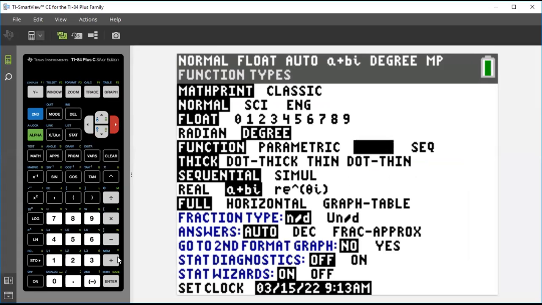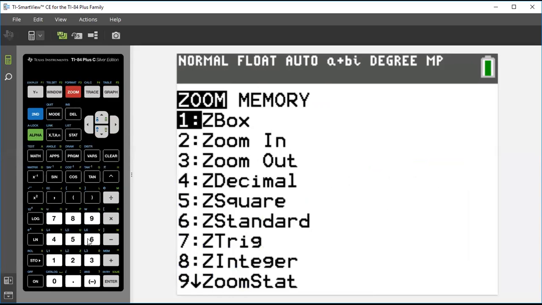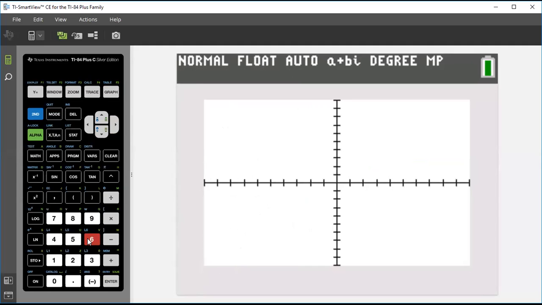You'll see there's also parametric from when you used that in the last chapter. Then you are immediately going to hit zoom 6, but don't expect there to be anything.